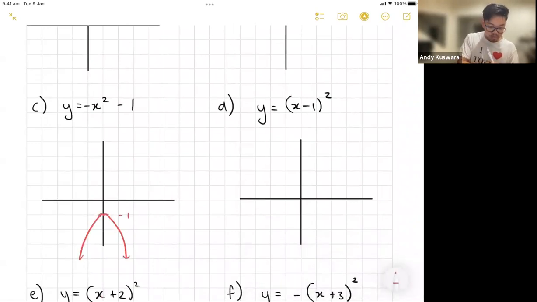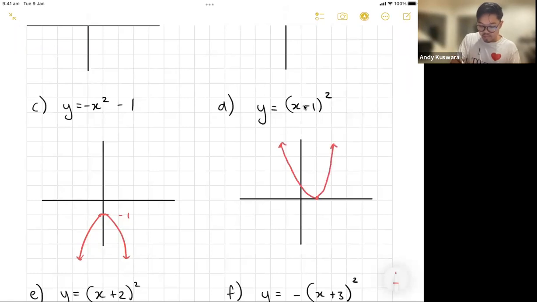That's my parabola. Now, this is where we start to get into the perfect squares. If I have the minus 1 or a plus 1 or anything within the bracket, it's no longer an up and down shift. It actually moves it left and right. In this case, that minus 1 is going to shift me 1 towards the right.